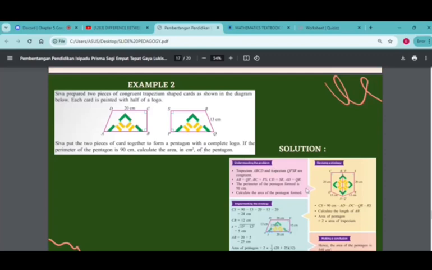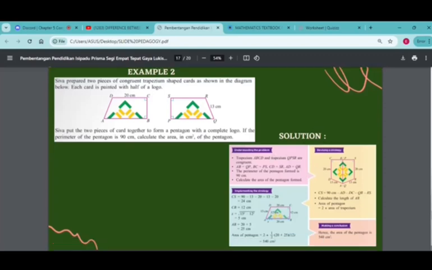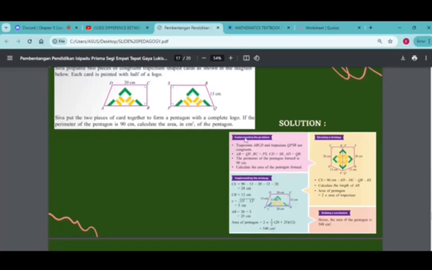For the solution of example 2, first, understanding the problem. Trapezium ABCD and trapezium QPSR are congruent. AB equal to PQ or QP. BC equal to PS.